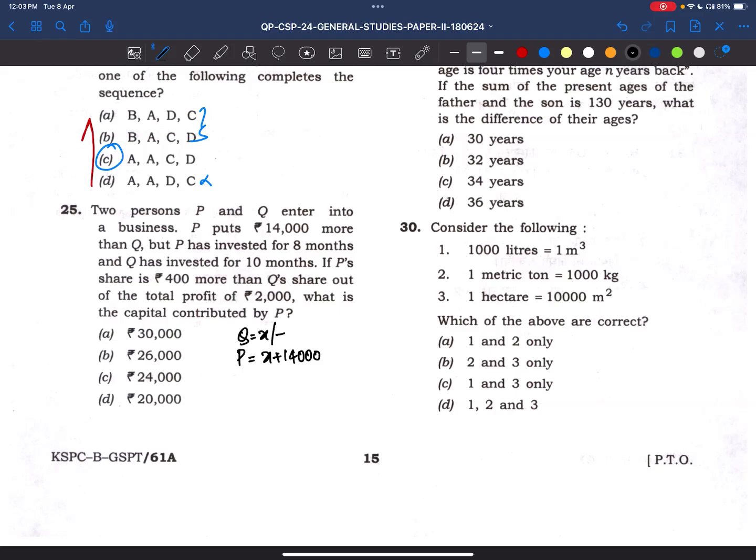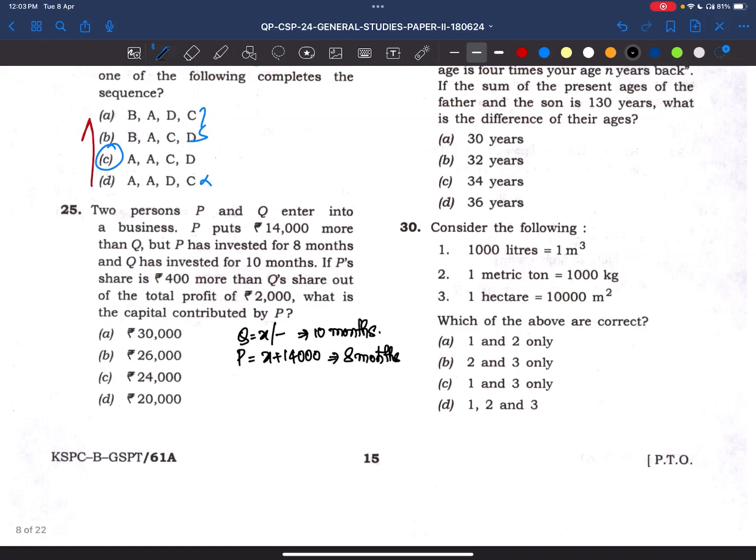But P has invested for 8 months, and Q has invested for 10 months. If P's share is 400 rupees more than Q's share out of a profit of 2,000 rupees, what is the capital contributed by P?